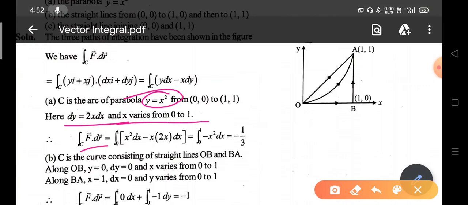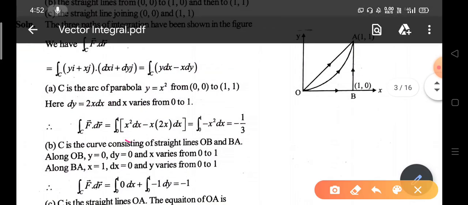So the integration over C of F dot dr is the integral from 0 to 1 of x square dx minus x into 2x dx, because in place of y you write x square, in place of x you write x, and in place of dy you write 2x dx. Simplify it, just simple simplification, it will give you the result minus 1/3.